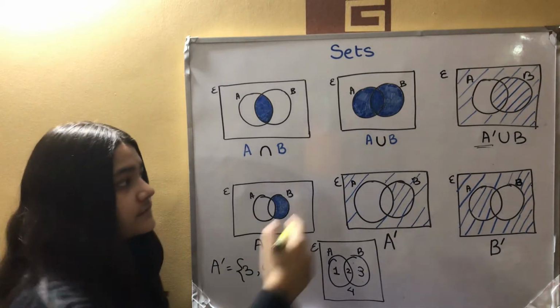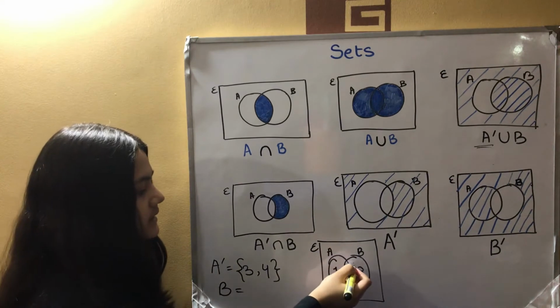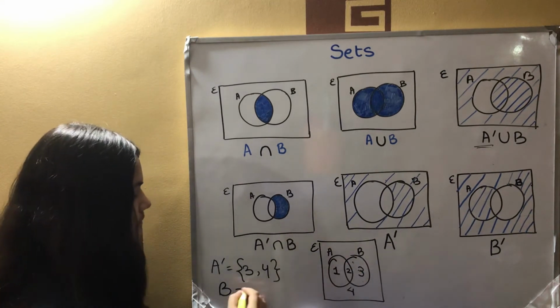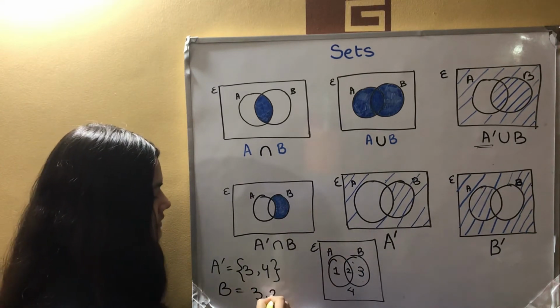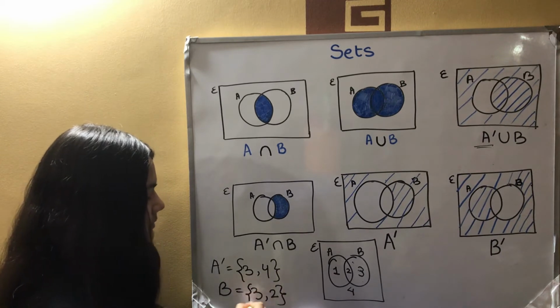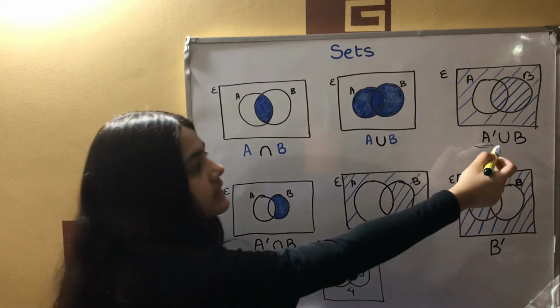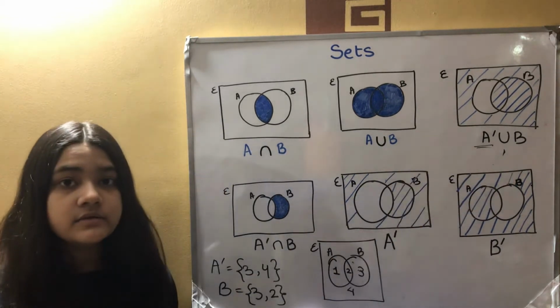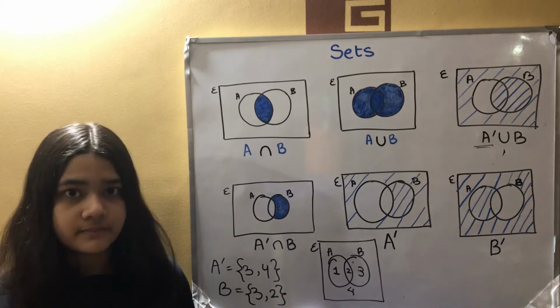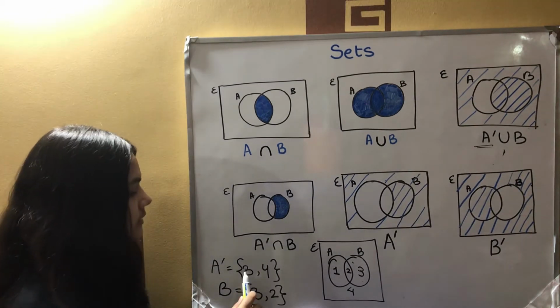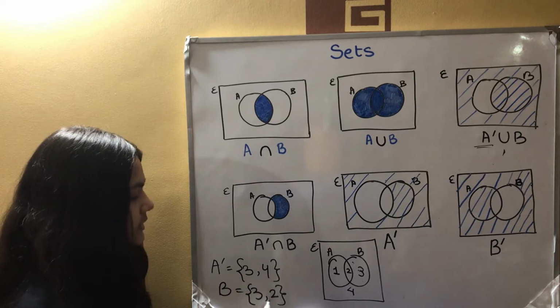And then we have B. Here B is 3 and 2. 3 and 2 is the region B. And here we have union. Union means all of them. So here 3, 4 and 3, 2.